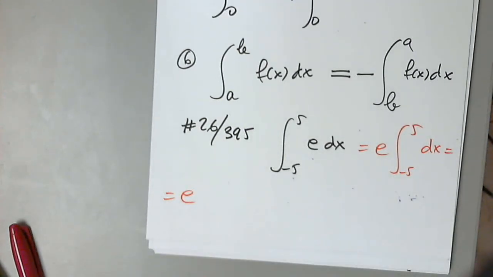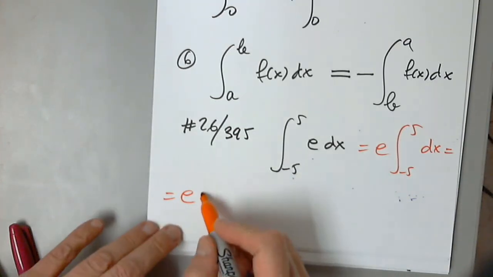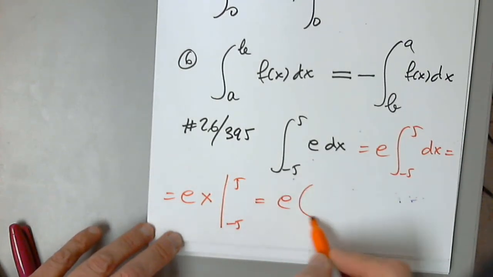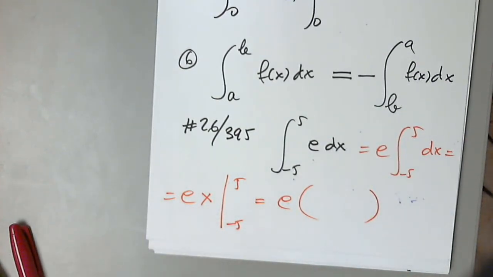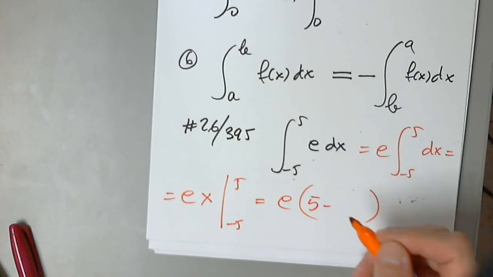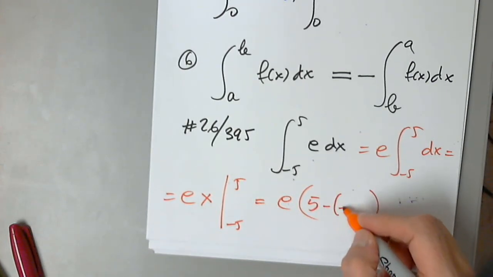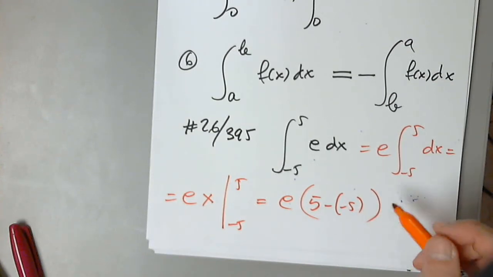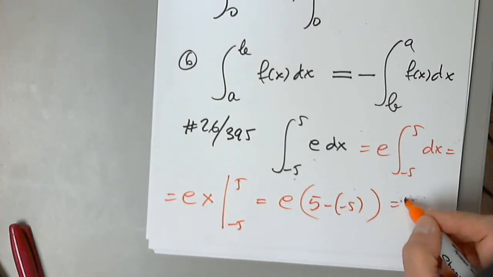Which function has a derivative of 1? X, very good. From -5 to 5. So e times, in parentheses, I plug in 5 and I get 5, minus when I plug in -5. So 5 minus -5 is 10, times e.